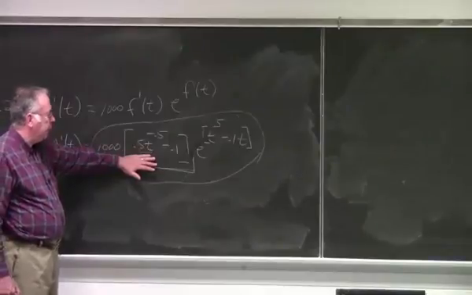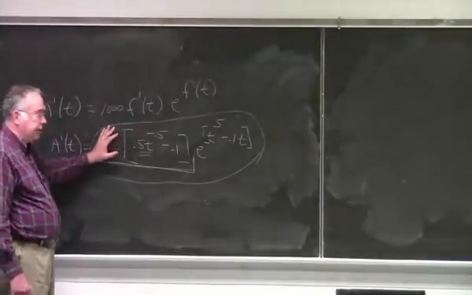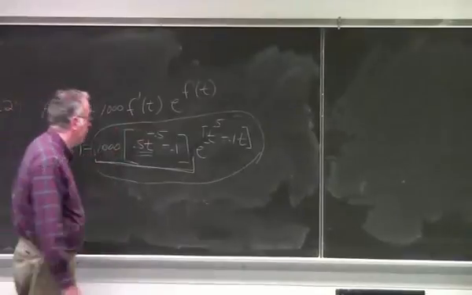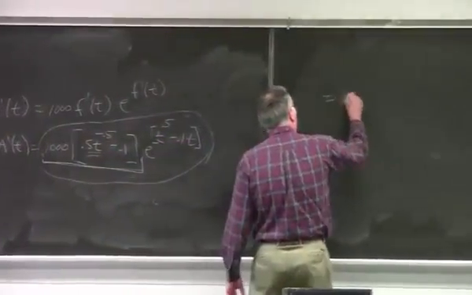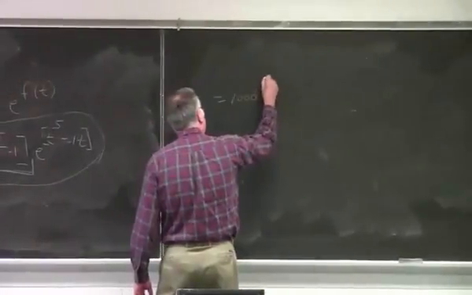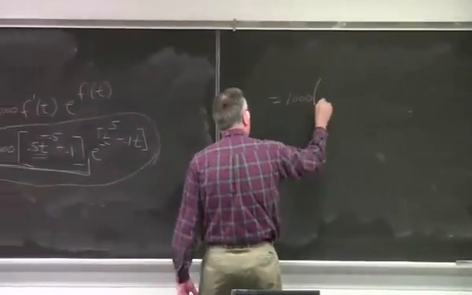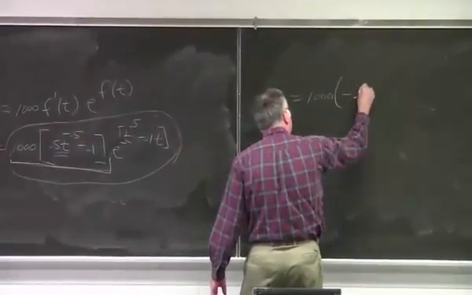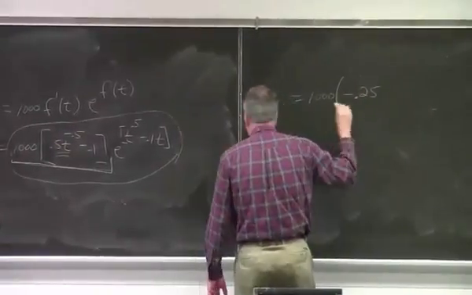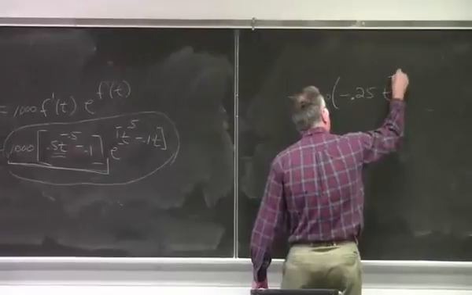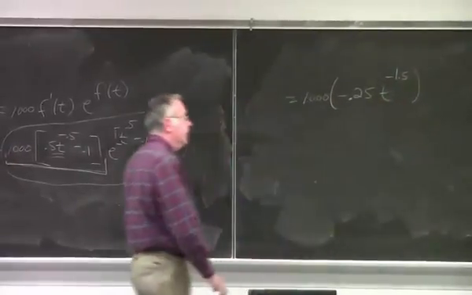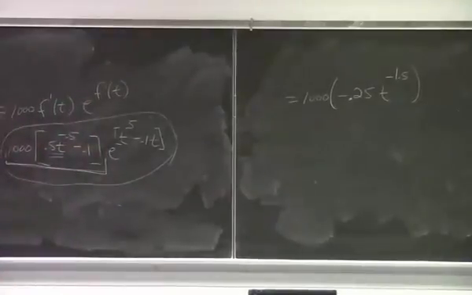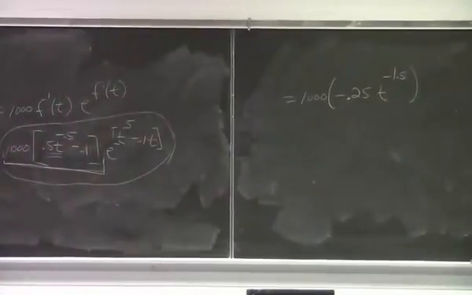Exactly. So you just take that, of course, times the 1,000. The derivative of the first term is just 1,000 times, in parentheses, what Patrick said, minus 0.25 times t to the minus 1.5. That's the derivative of the first term with respect to t.